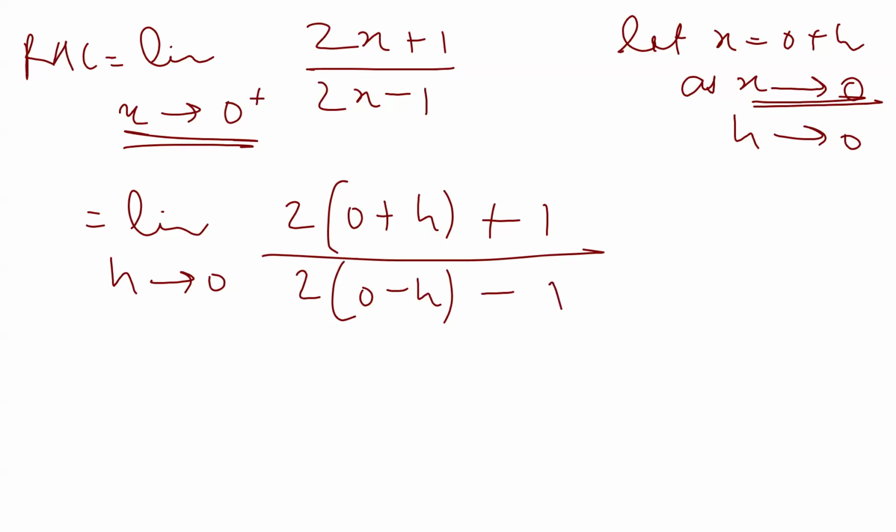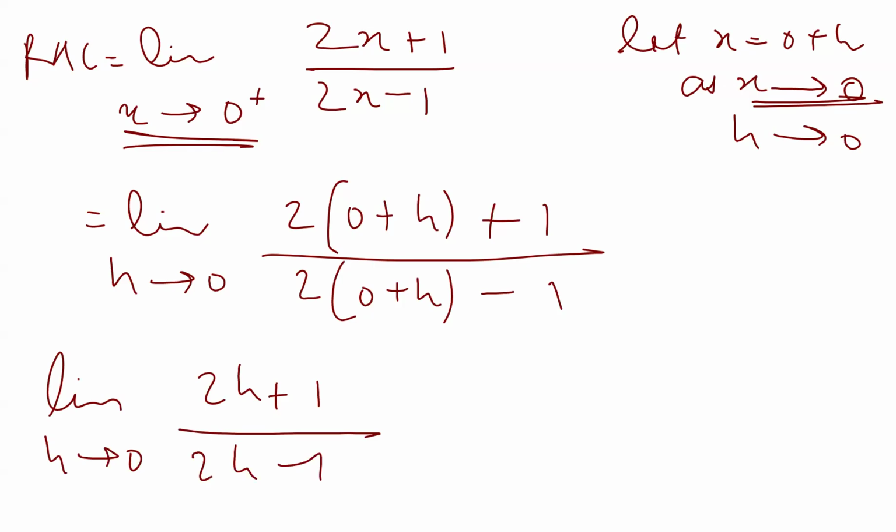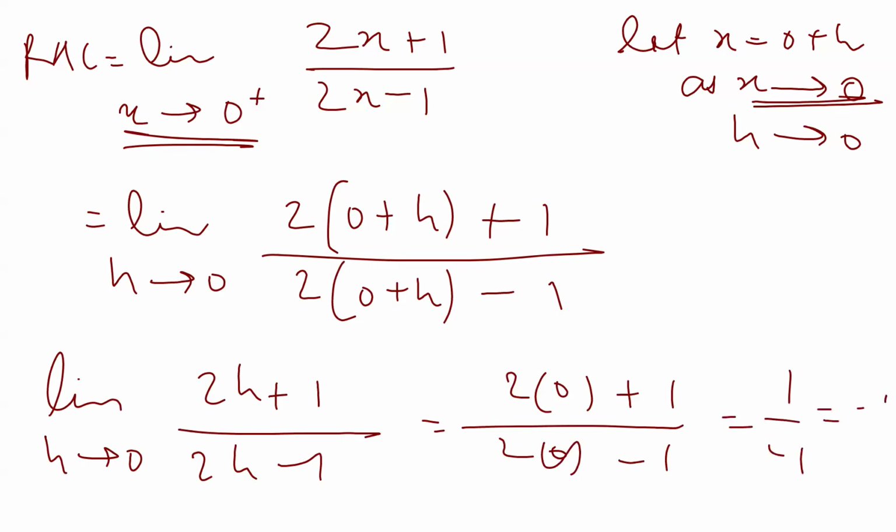Replace x with 0 plus h, so 2h plus 1 upon h minus 1. Now further we cannot simplify, so it is 1 upon minus 1, which is minus 1.